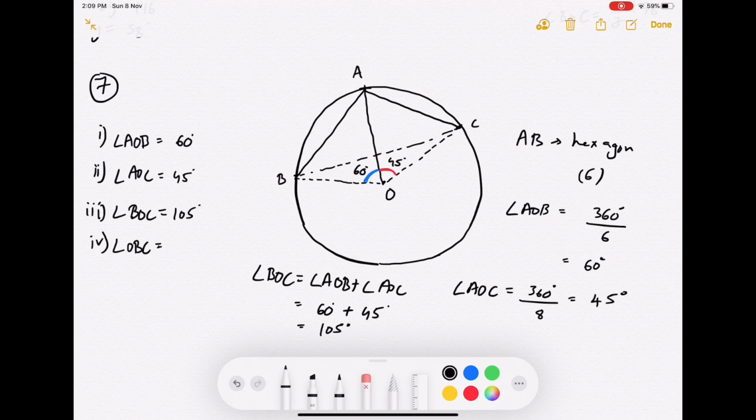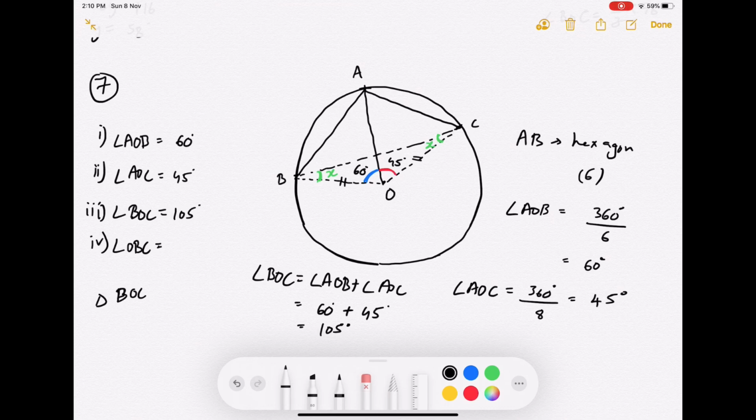That is angle BOC. And the last part is to find angle OBC. OBC is over here. Now I can look at triangle BOC, and because I already know angle BOC is 105, and I also know that OB and OC are radii of the same circle, triangle BOC is an isosceles triangle. So if this is x degrees, then the other angle is also x, the angles opposite the equal sides of an isosceles triangle, right?